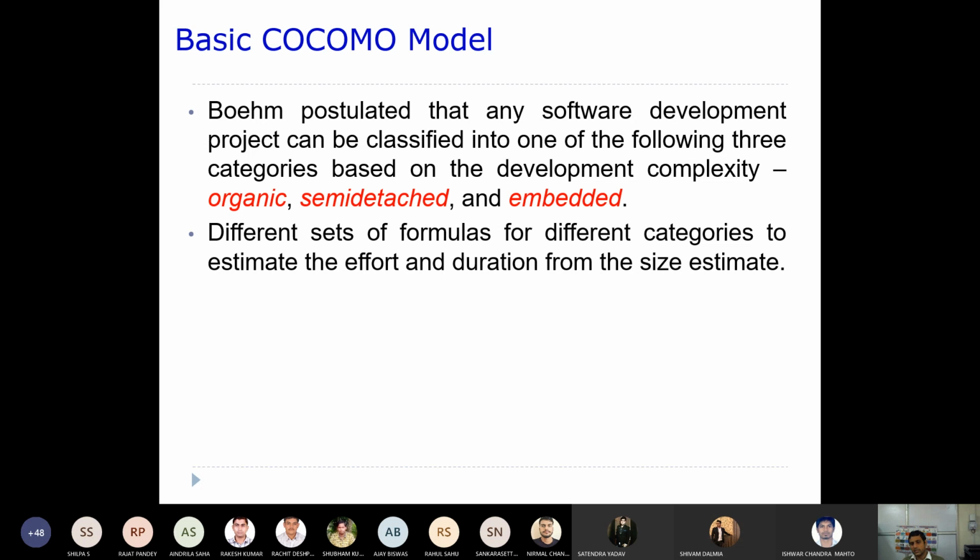He has given three different sets of formulas for these three types of projects. If the category is organic, there are expressions; if it is semi-detached, expressions are developed; and if it is embedded, expressions are developed, right? We'll see those things now.